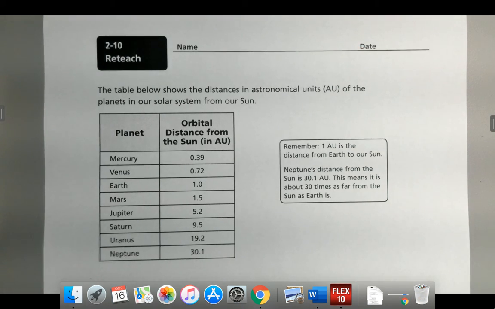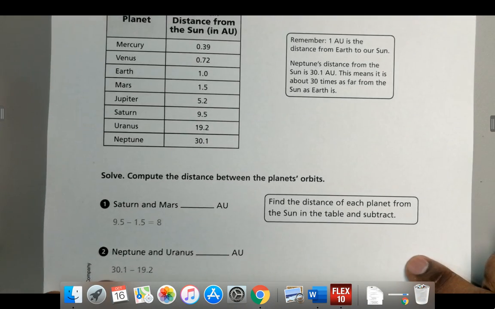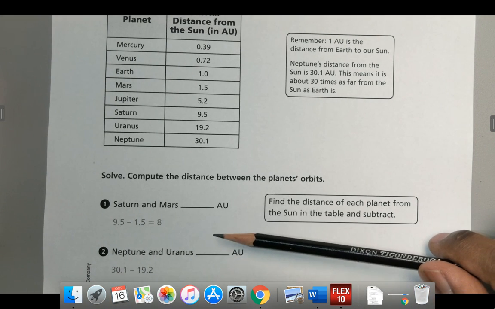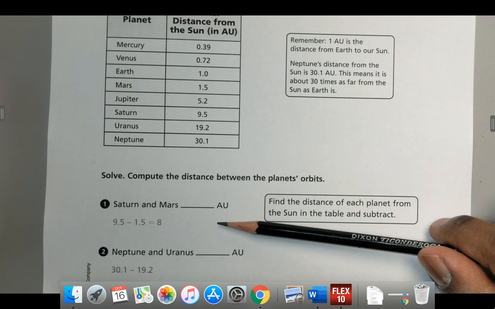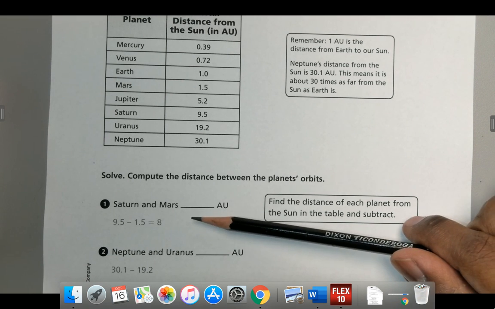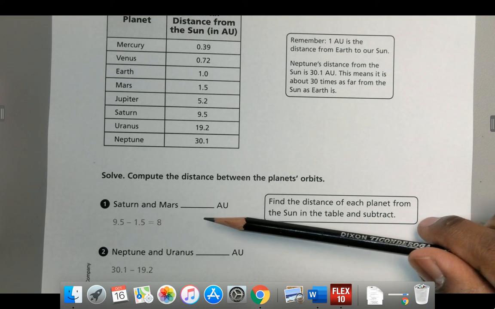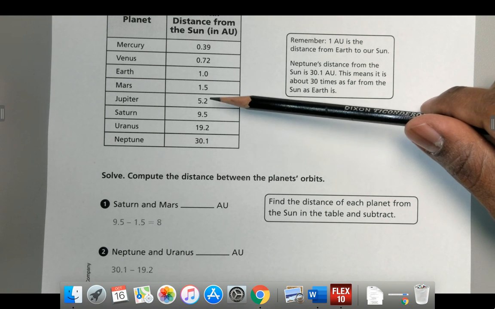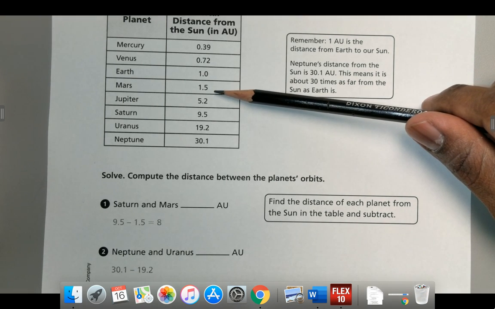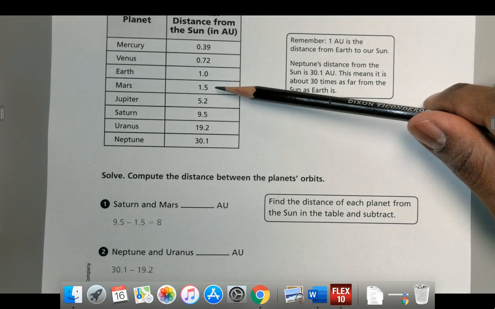Moving on. Question 1 asks us to compute the distance between these two planets' orbits, Saturn and Mars. So if we look up, Saturn's distance from the sun is 9 5/10 AUs. Mars' distance from the sun is 1 5/10 AUs.